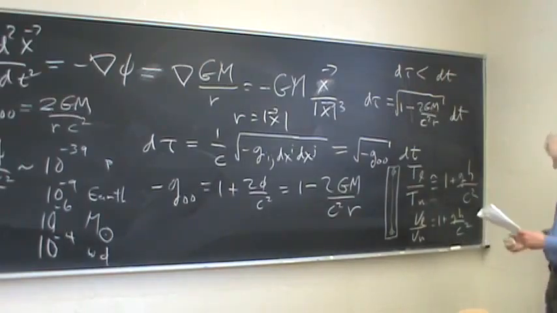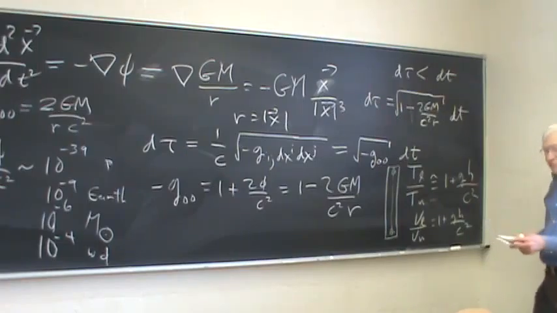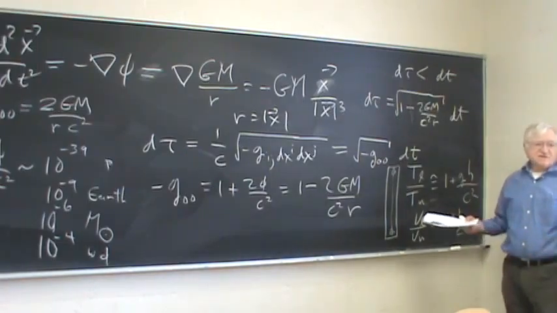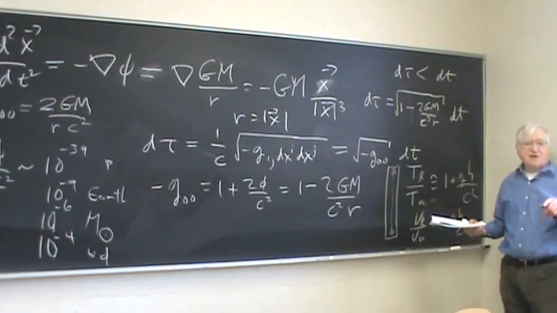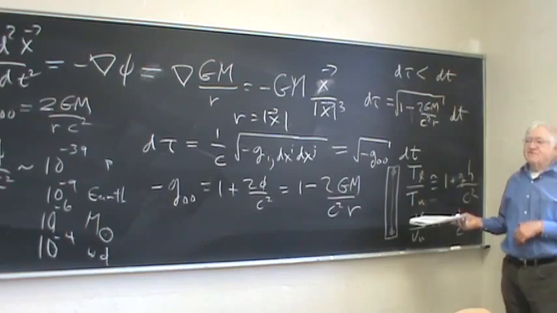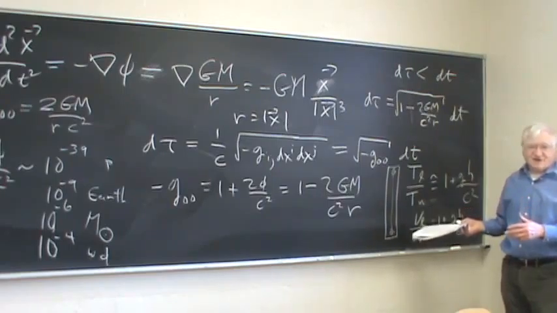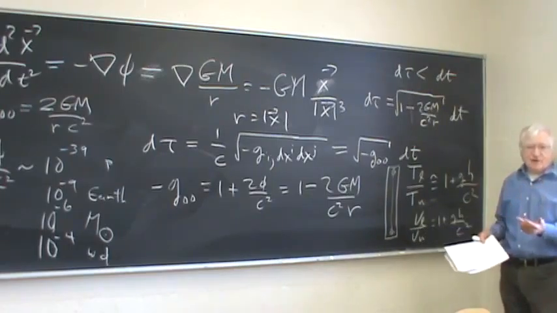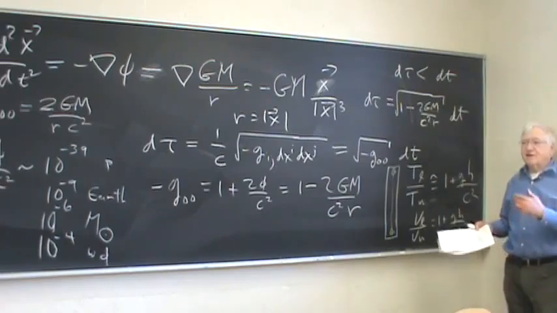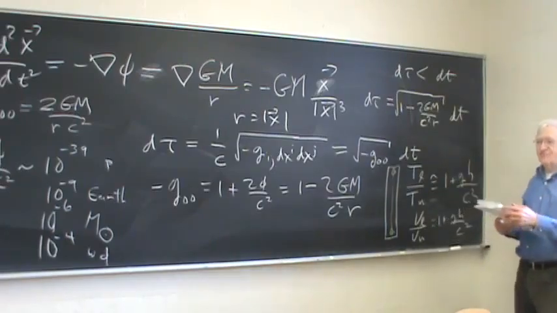So the lower clock was slower because it was in a bigger gravitational field. As I said to the students before you came in, if you want to understand some of gravitational time dilation, or at least get the sign right and the magnitude right, watch the movie Interstellar.